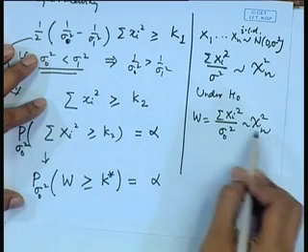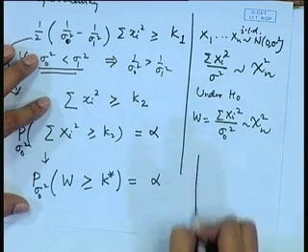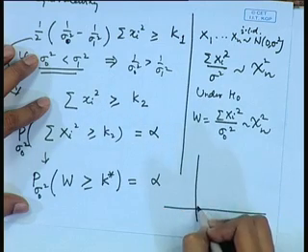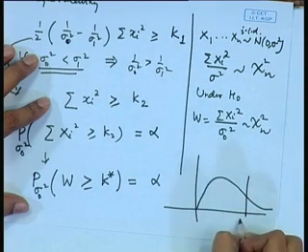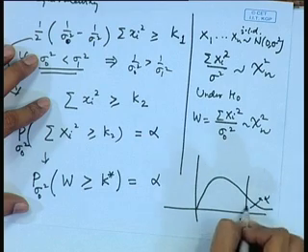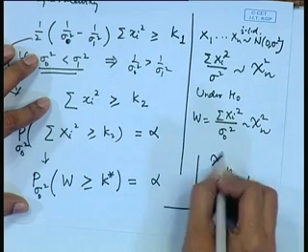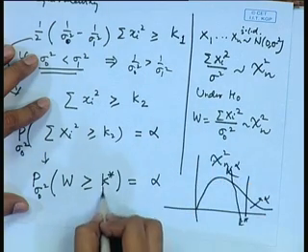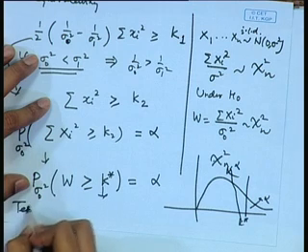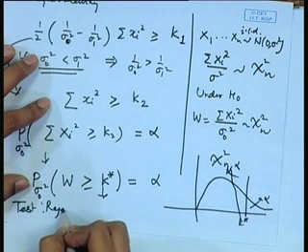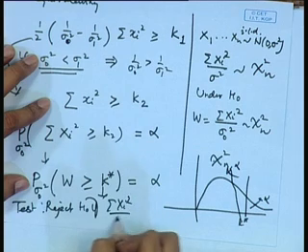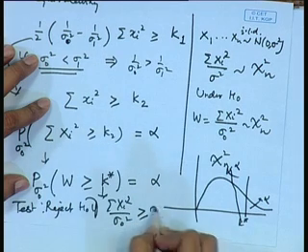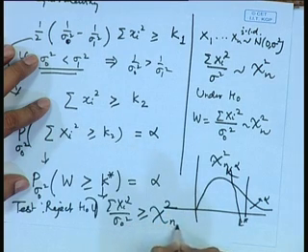Since W is following chi-square n distribution, the point k star becomes the upper 100 alpha percent point. This point is k star and this is alpha. So, this point is nothing but chi-square n alpha. That means the test is: reject H naught if sigma x_i square by sigma naught square is greater than or equal to chi-square n alpha.